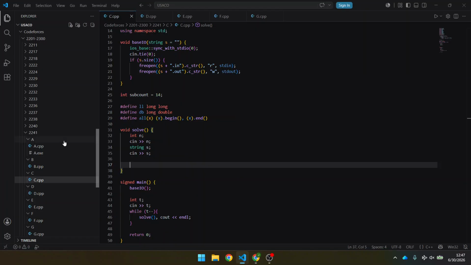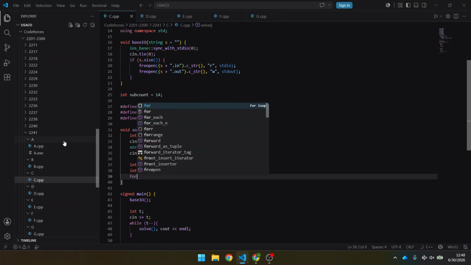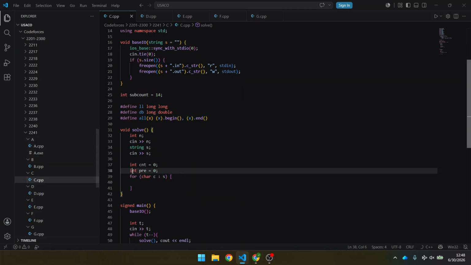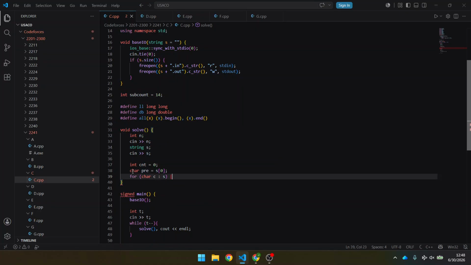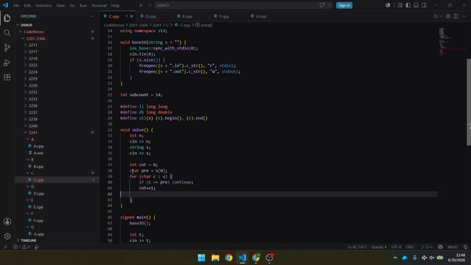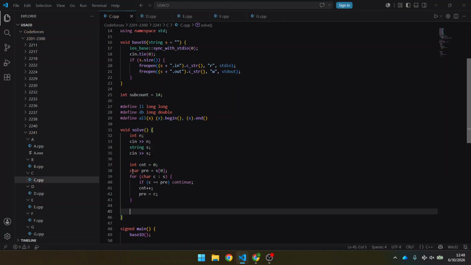Okay, int prev is zero, int count is zero, for char c in s. Char prev will be s[0]. If c equals prev, continue. cnt plus plus, prev equals c. cnt.